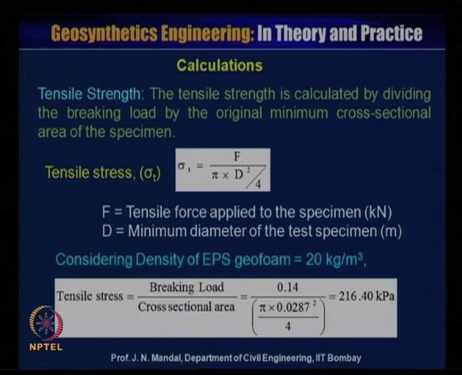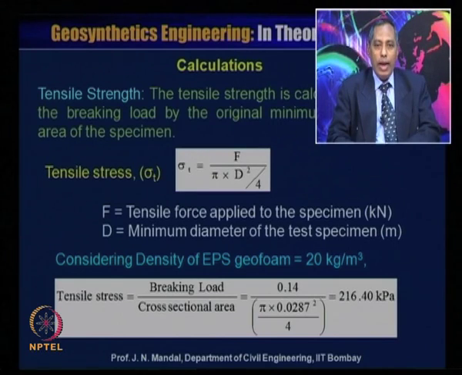That means F is the tensile force applied to the specimen in kilonewton, and d is the minimum diameter of the test specimen in meter. So considering the density of the expanded polystyrene geofoam is 20 kg per meter cube, let us consider that we are calculating only for the density of 20 kg per meter cube.